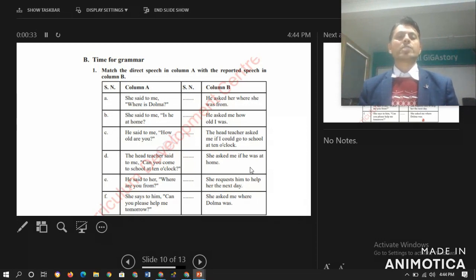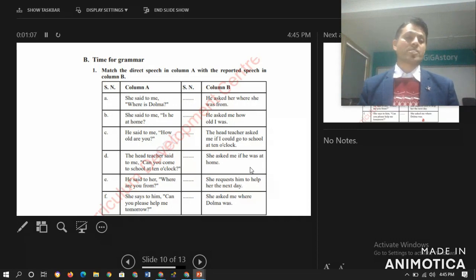This table teaches you the changes you have to make when changing from direct to indirect speech, especially for questions, when you have to report a question.